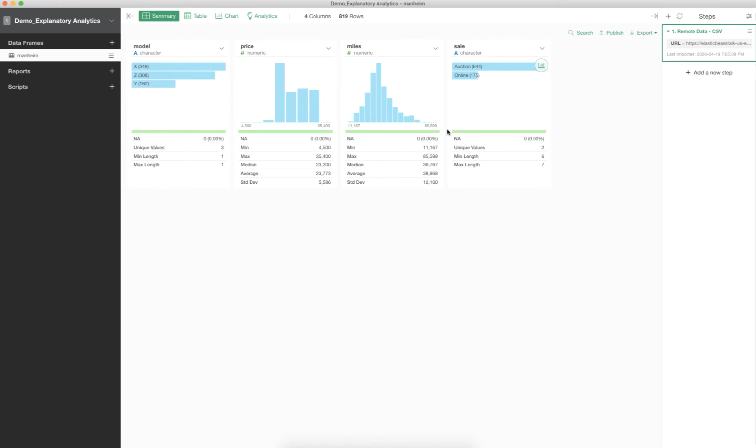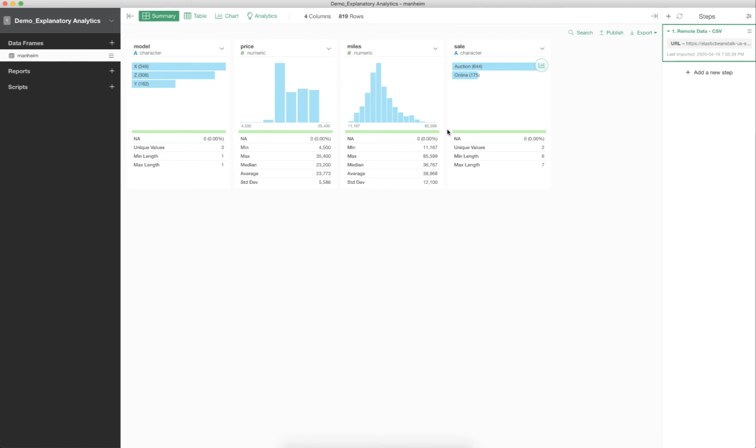We see that we have 4 attributes or 4 columns in our data: model, and this seems to be model X, Y, and Z. Since this is used car sales, we can assume this is X model cars, Y model cars, and Z model cars. We see price, that has a minimum of 4,500 and a maximum of 35,400.